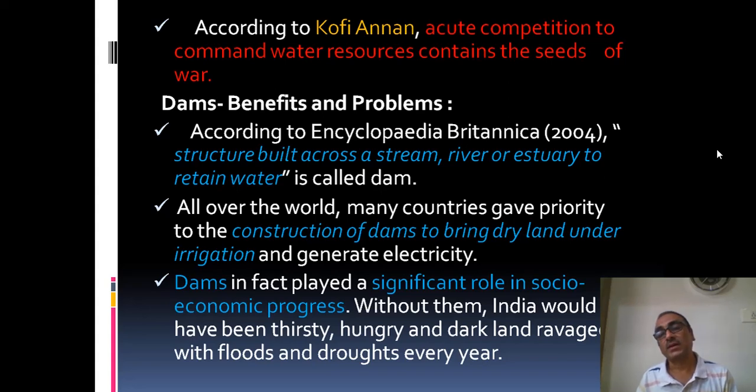Otherwise, India being largely an agricultural country, we would have suffered very badly.